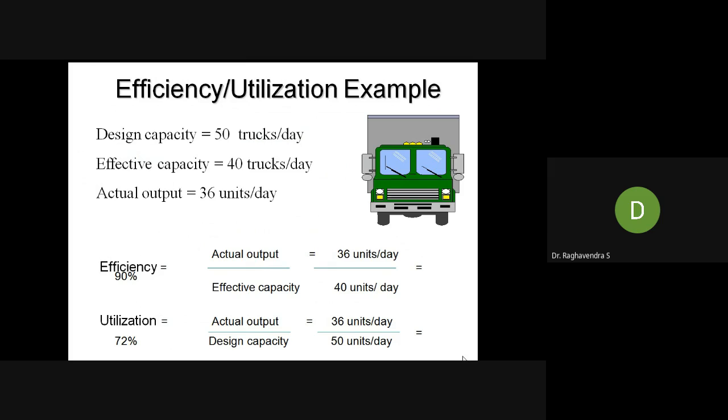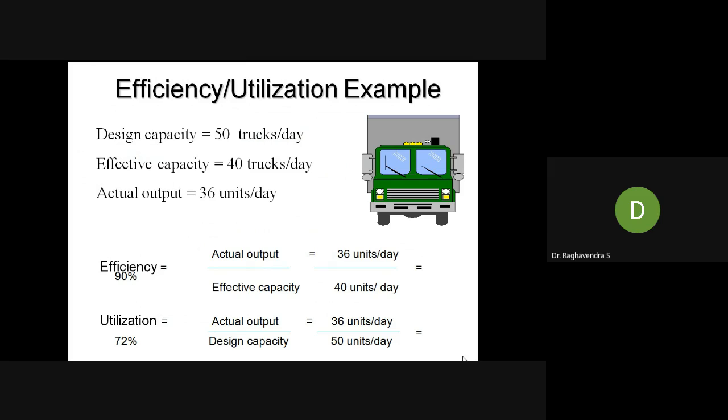But the effective capacity is 40, after giving the factor of safety, allowance time, personal lunch break, all the breaks, machinery maintenance, some breakdowns. Considering all this, it comes down to 40 trucks per day. But the actual output, practically at the end of the day, is 36 trucks per day. So this is how we calculate.